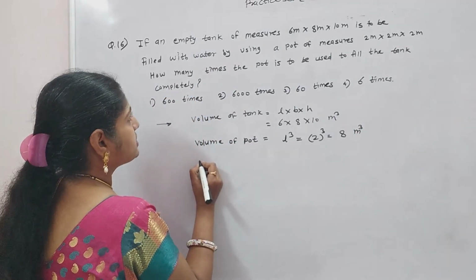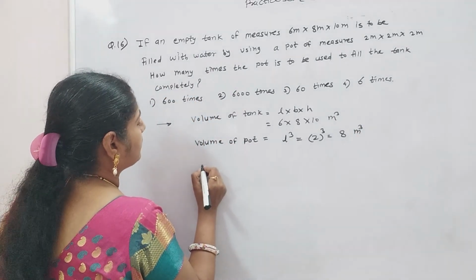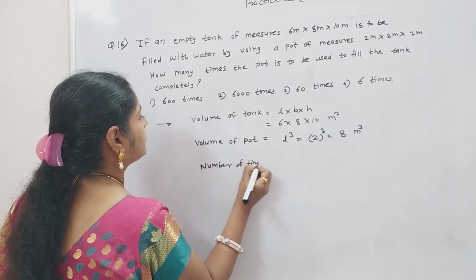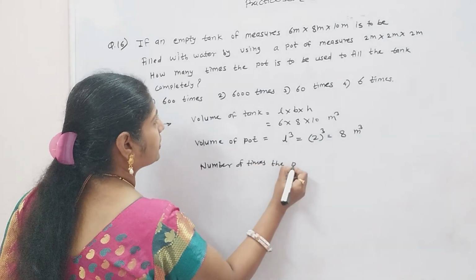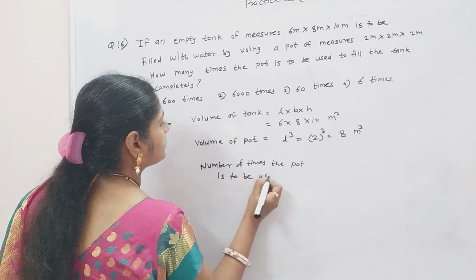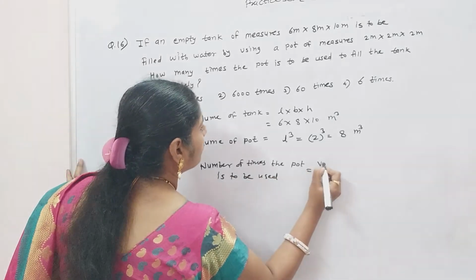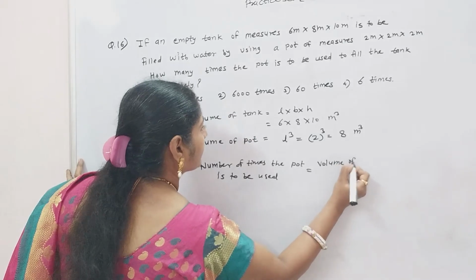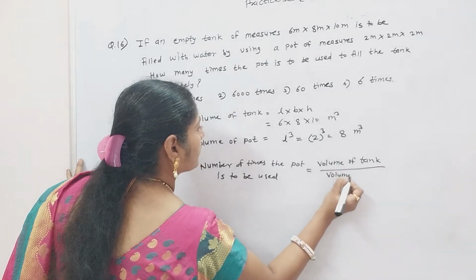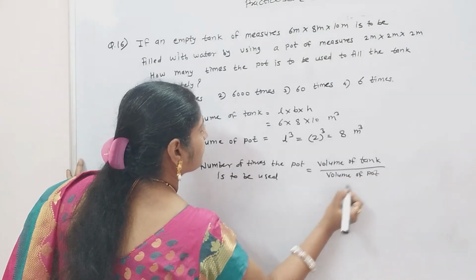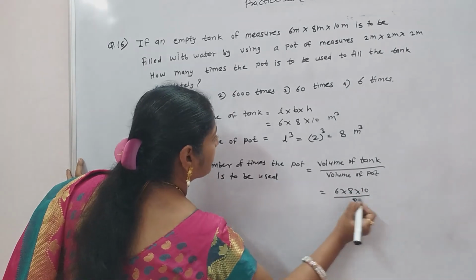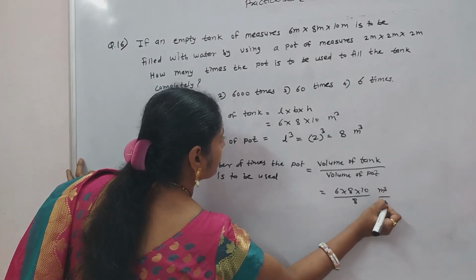And the number of times the pot is to be used equals volume of tank upon volume of pot, that is 6 into 8 into 10 upon 8, meter cube upon meter cube.